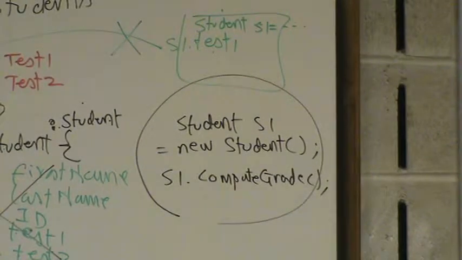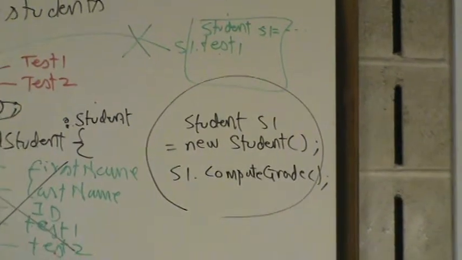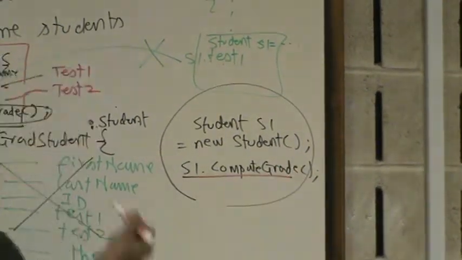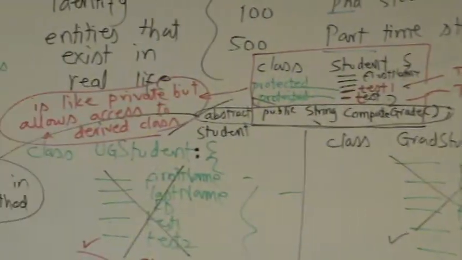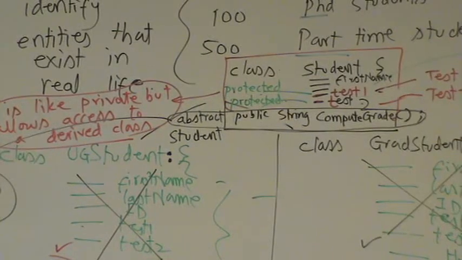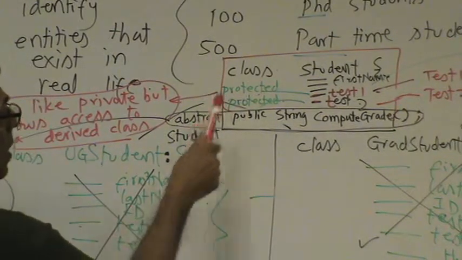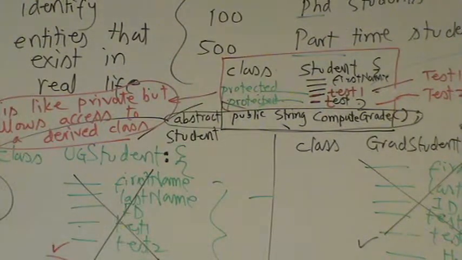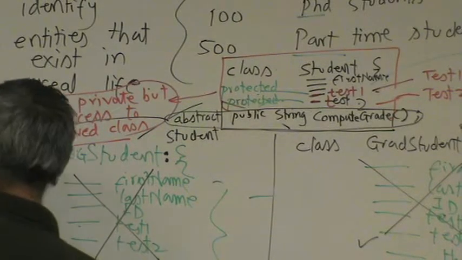So to prevent that, so nobody can even call it like this, another rule in object-oriented programming is that if you have a class with a single method which is declared abstract, the whole class has to be declared abstract. So let me give you the next rule.